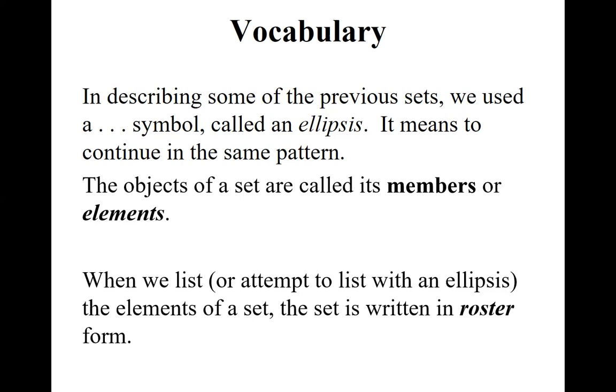So the roster form of the integers was ellipsis, -3, comma, -2, comma, -1, comma, 0, comma, 1, comma, 2, comma, 3, comma, ellipsis. That was an attempt to list all of the elements of a set. So it was roster form.